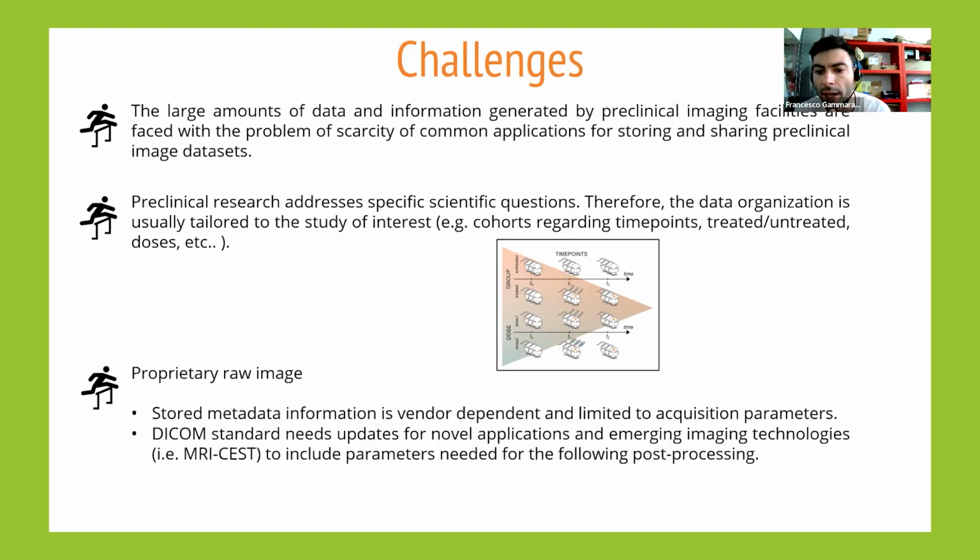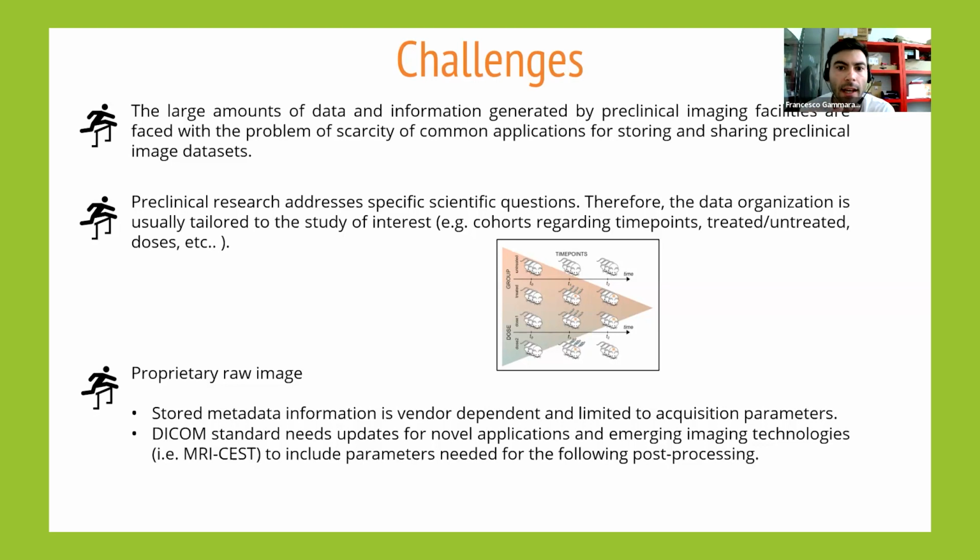So we need to acquire images over time, for example, for time t equal to 0 or t equal to 1 and so on. And then we want to study the drug's effect. So we don't have a standard protocol, but for each specific question, we have a specific protocol.